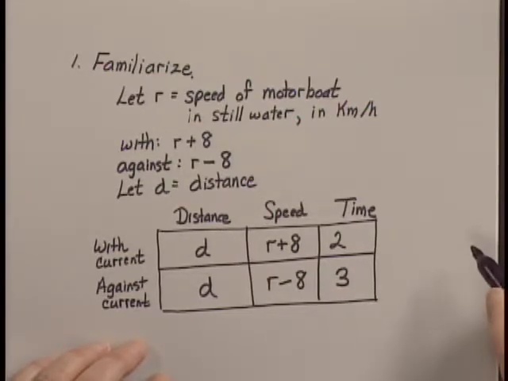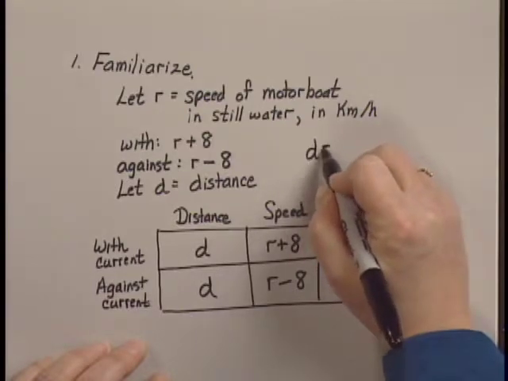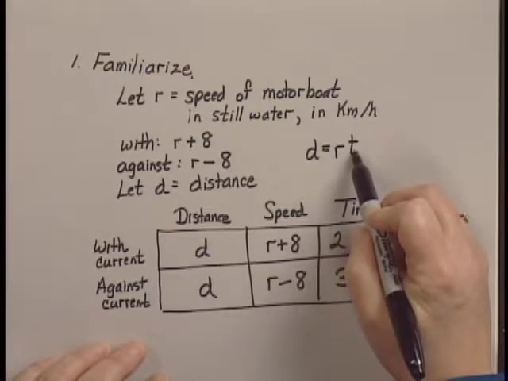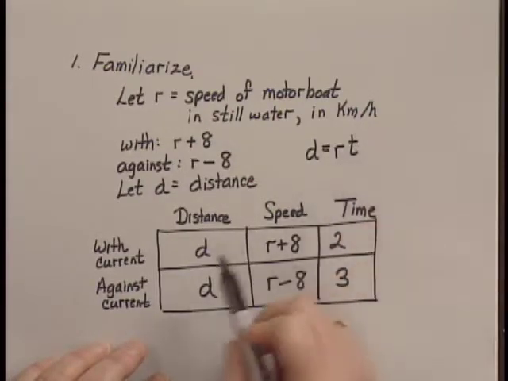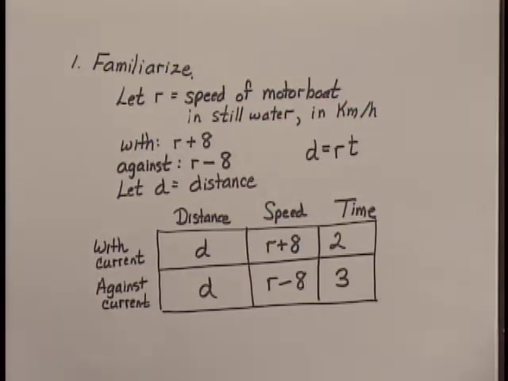Now once that's filled in, we can use the motion equation D equals RT, or distance equals rate times time, or speed times time, and read right across these rows of the table to translate into 2 equations.